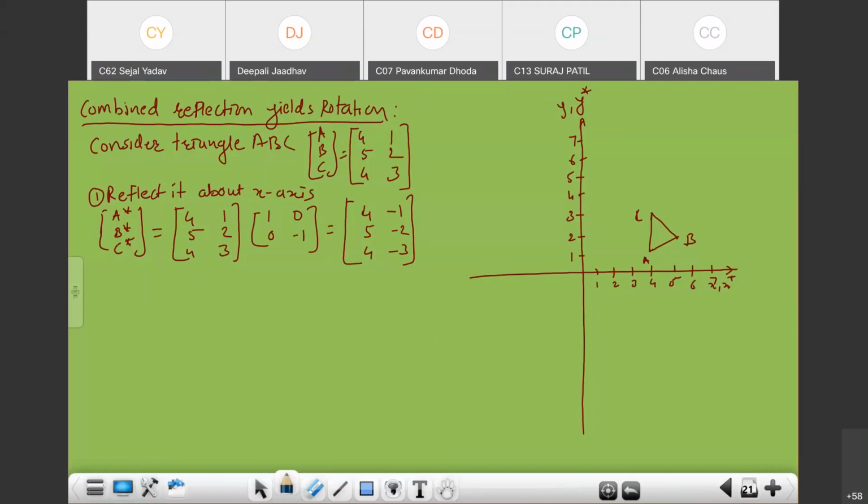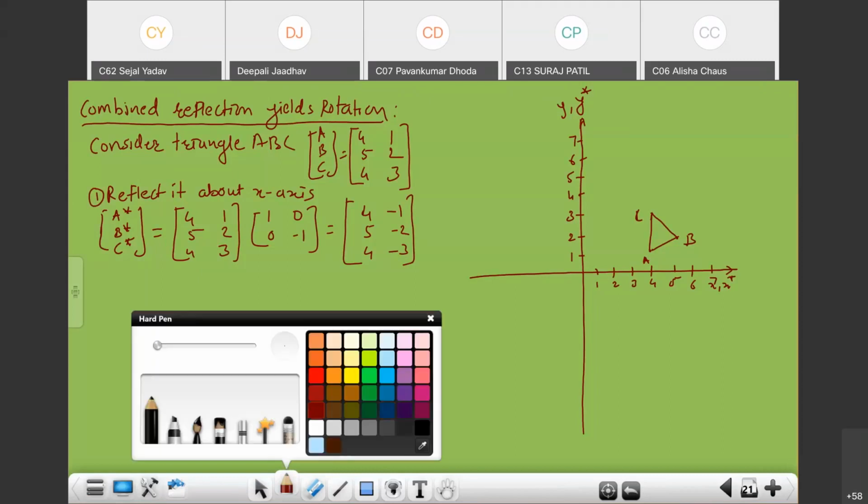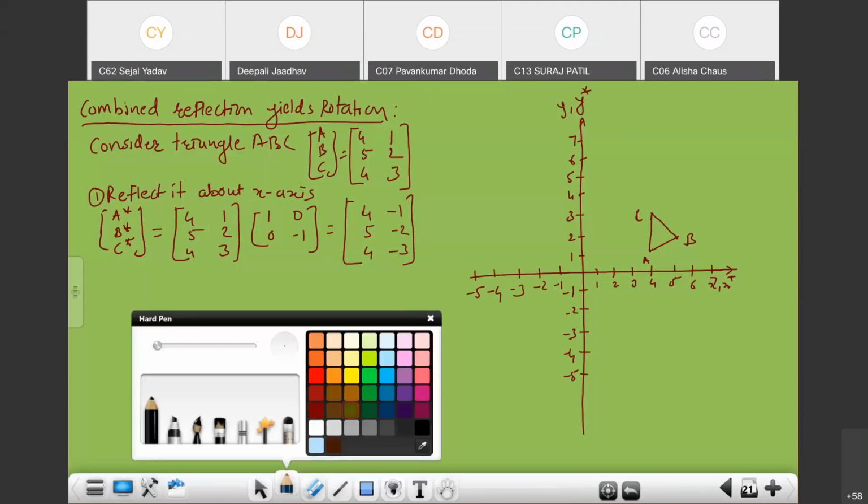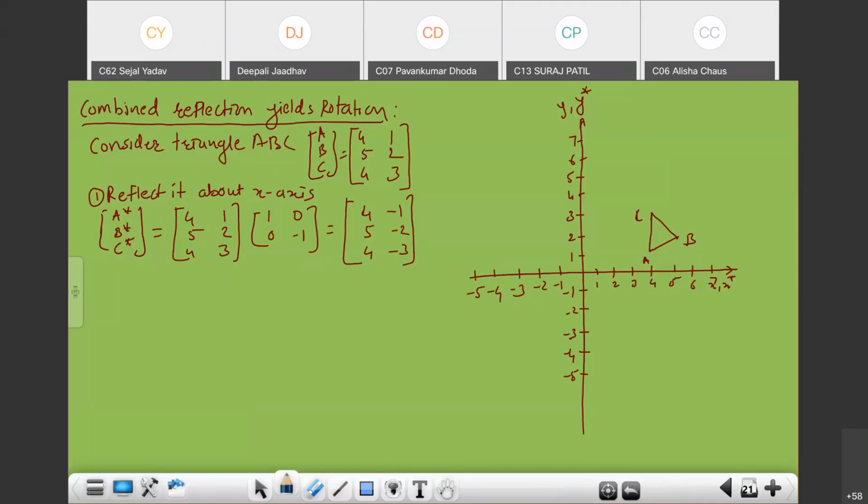What are the values? 4, minus 1, that is A star. 5, minus 2, that is B star. And 4, minus 3, that is C star. So you can see here the reflection about the x-axis, the first case.